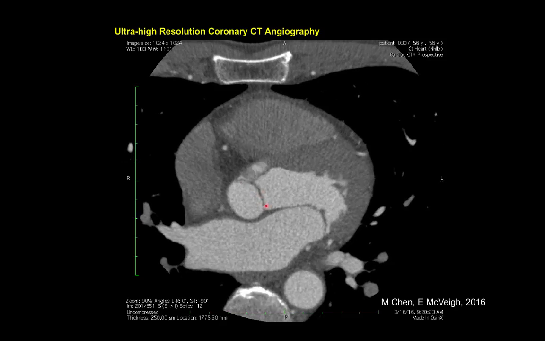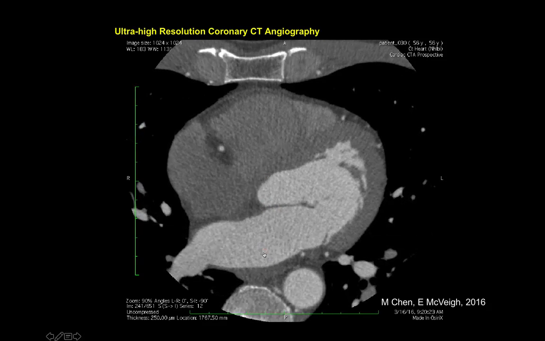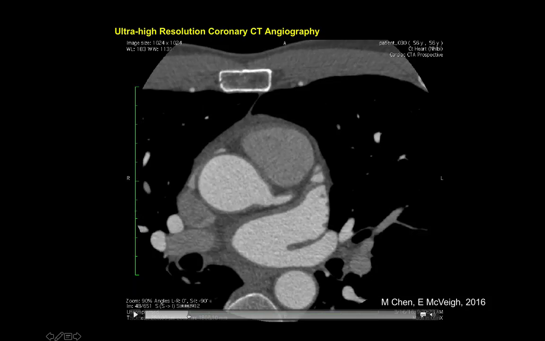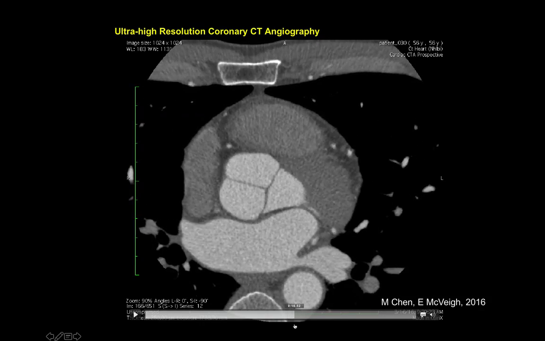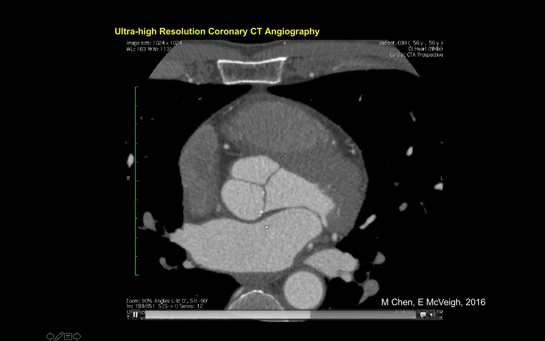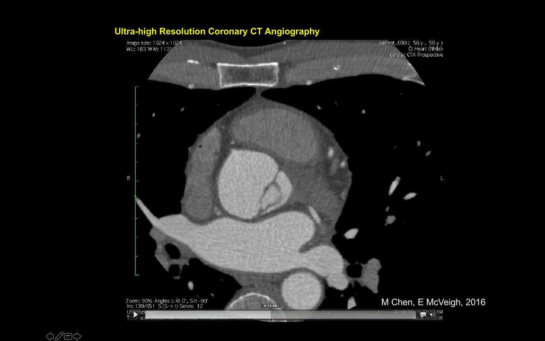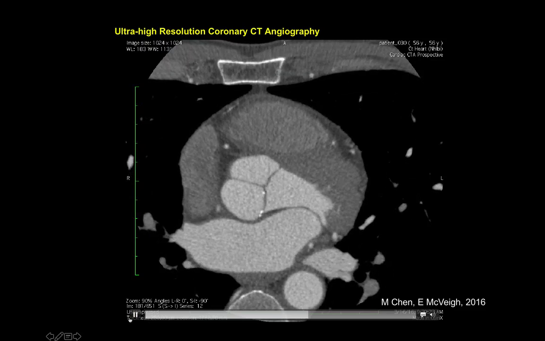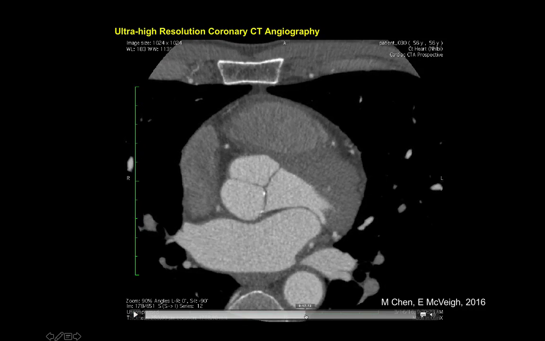You look at the detail of the valve here. Let me go back to my arrow. So if we go through here, look at the aortic valve leaflets, and then there's these tiny pieces of calcium on the aortic valve leaflet that are detected. Let me pause it here. Right there, right? That's not going to show up on a regular scanner.